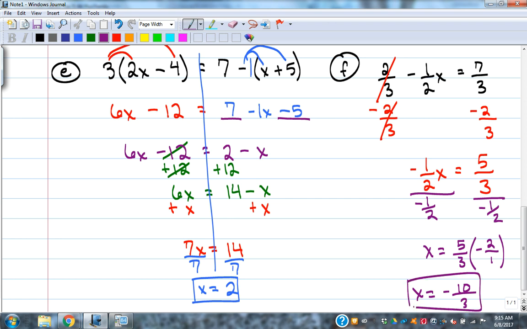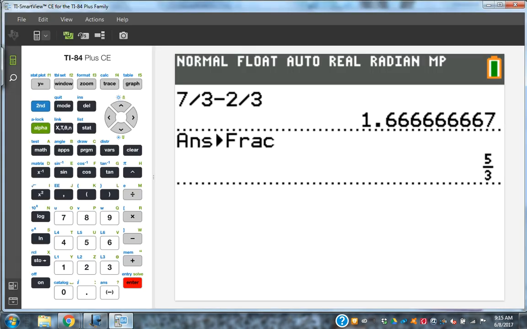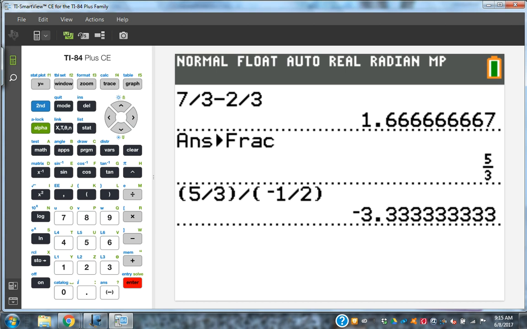If you're going to do that in the calculator, if you want to just do the straight division in the calculator, you've got to be very careful with fractions when you're doing division. You need to put them in parentheses. So like 5/3 divided by parentheses negative 1/2. And then math, enter.